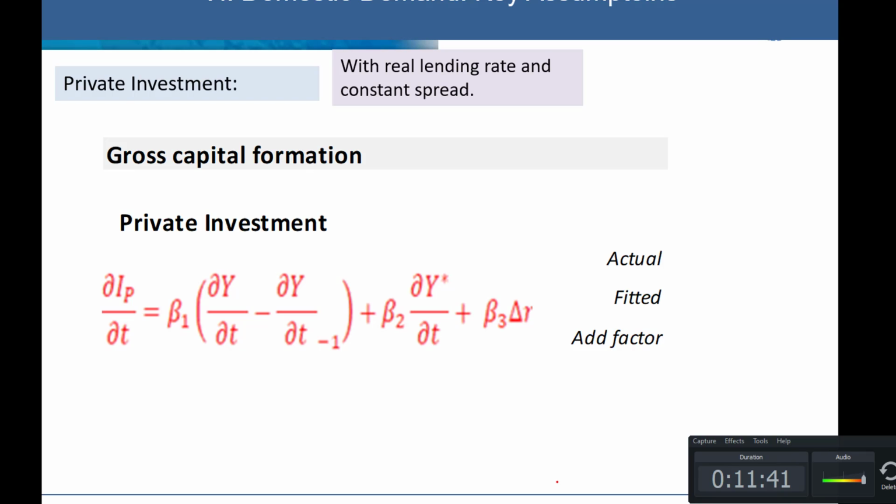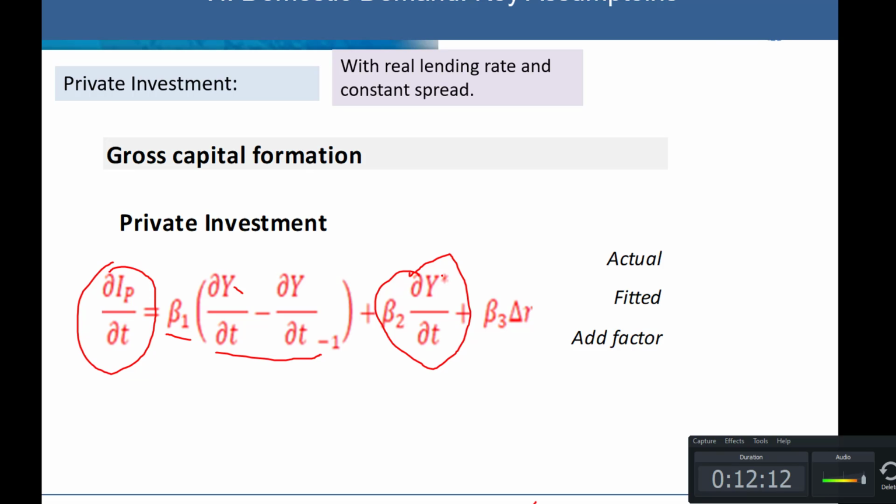Now let's turn next to investment, and you can see that we also have the change in investment. The way that we formulated the accelerator here, it's the change in income relative to the previous period. So if income growth is ramping up, that means we have higher investment, but also it turns out that we have potential output.